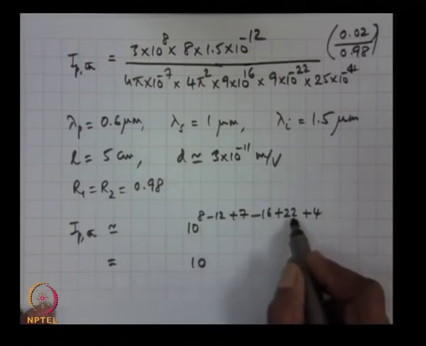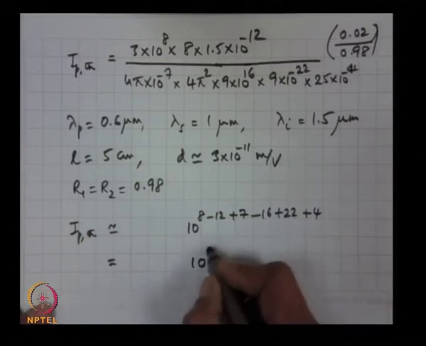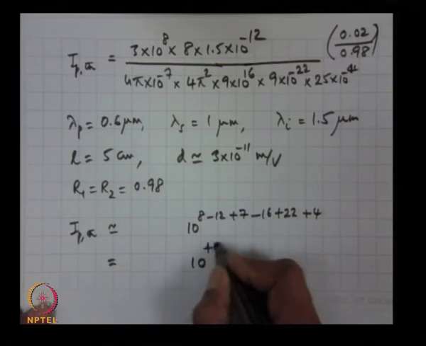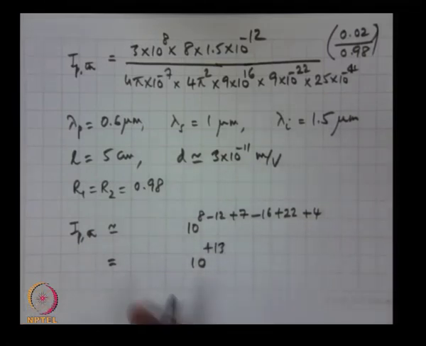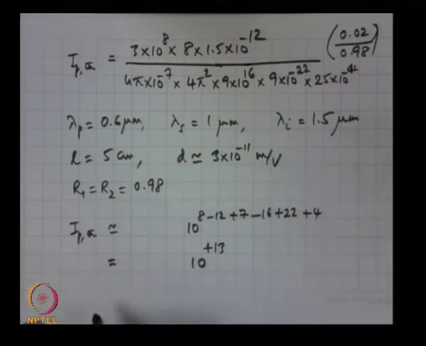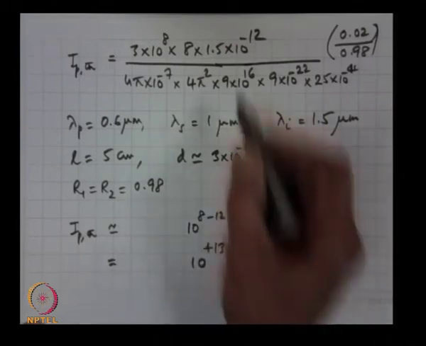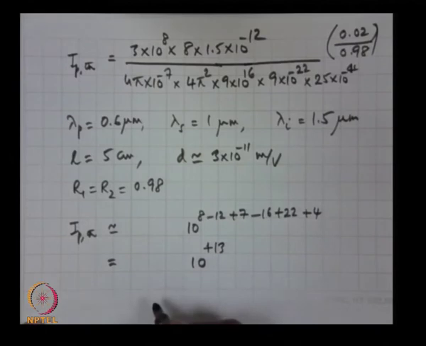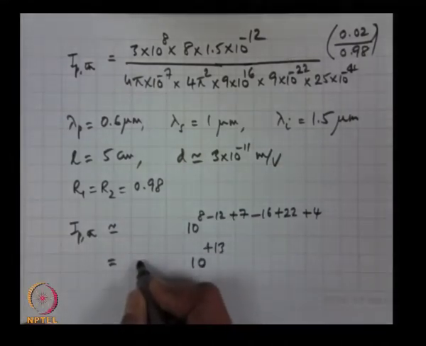Plus 13. And then what is the factor? So the remaining factors, if I multiply, 3.6 into 10 to the power 8. Forget about all the factors. Actually, you are getting the total answer. What is the answer? 3.6 into 10 to the power 8.